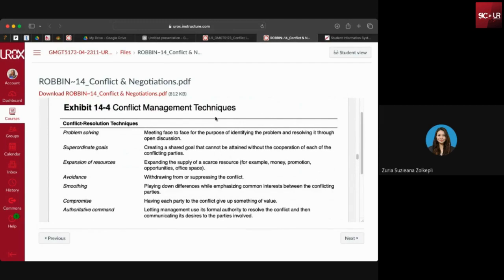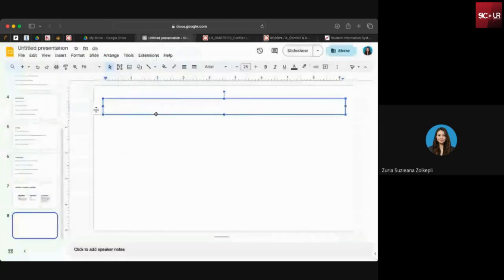So the first thing is what we can do. This is just information for you. This one is a conflict prevention approach, for example.